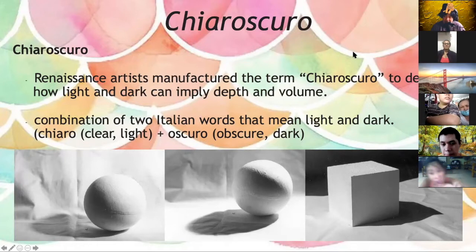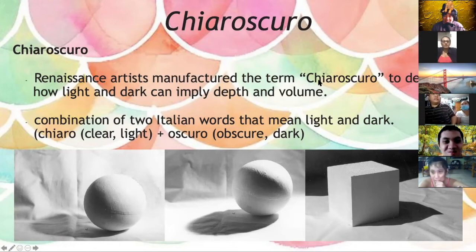Okay tayo sa mga lines, hatching, cross-hatching, pointillism, but pagdating sa shading, doon na tayo nahihirapan. So I want to concentrate there. And again, what is chiaroscuro? It describes how light and dark can imply depth and volume.